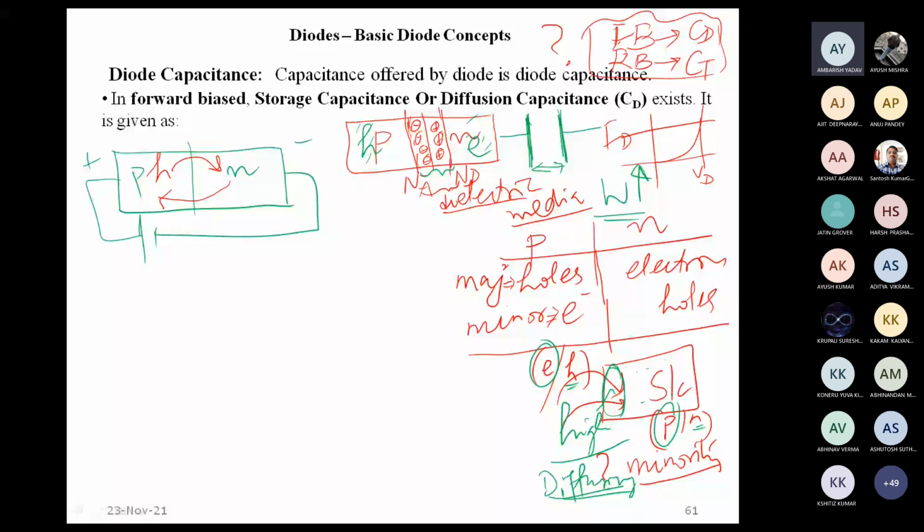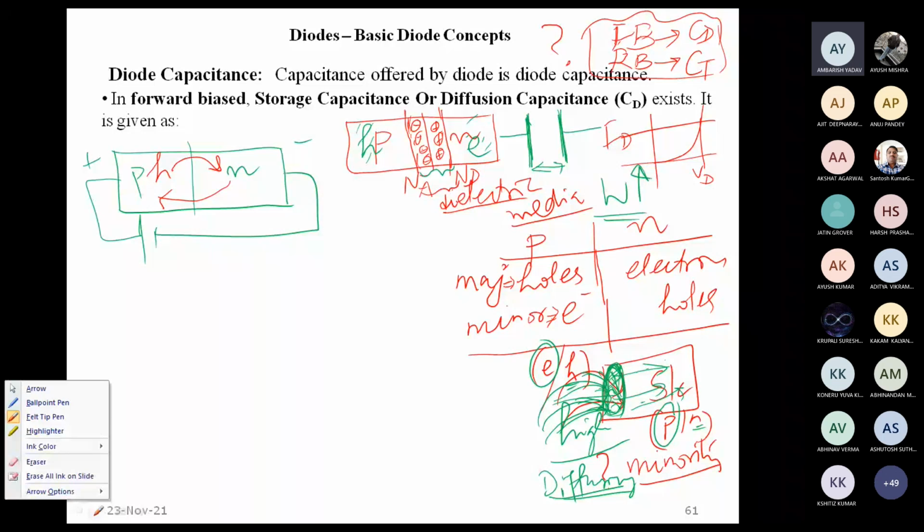But if one is always pumping carriers here continuously, there will be a gathering of these charge carriers here. These charge carriers accumulate here and do not diffuse fast across this region. So this is the genesis in this forward bias PN junction.